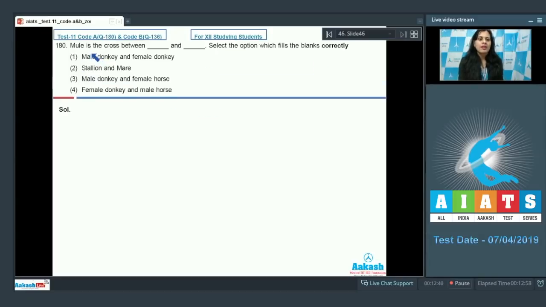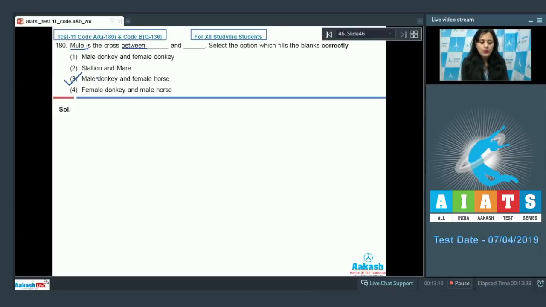Question number 180. Mule is the cross between blank and blank. Select the option which fills the blanks correctly. And the options are male donkey and female donkey, stallion and mare, male donkey and female horse, female donkey and male horse. And the correct answer to this question is option number 3.